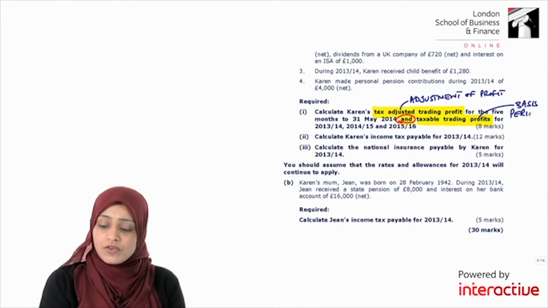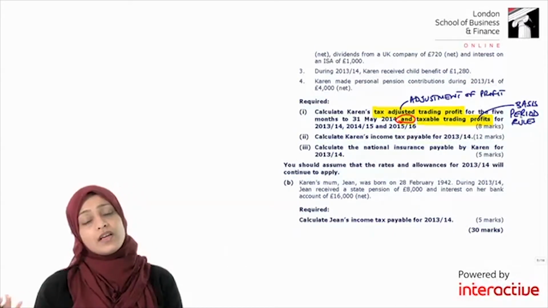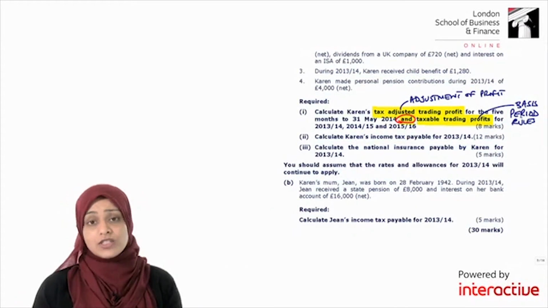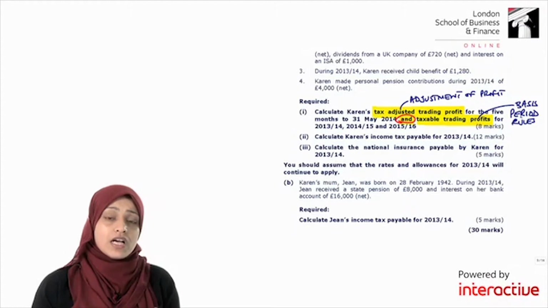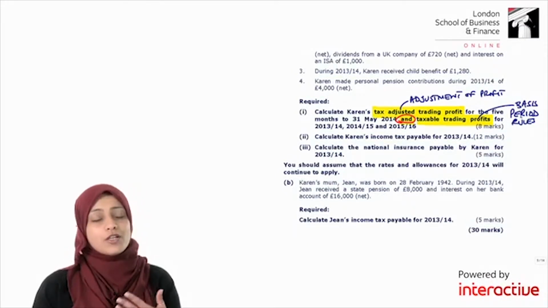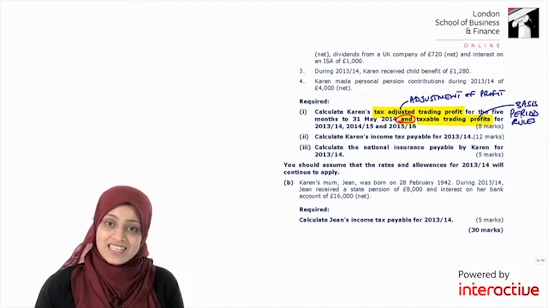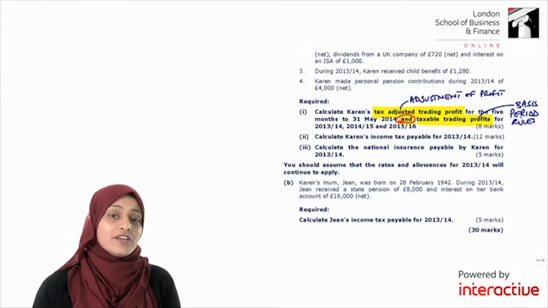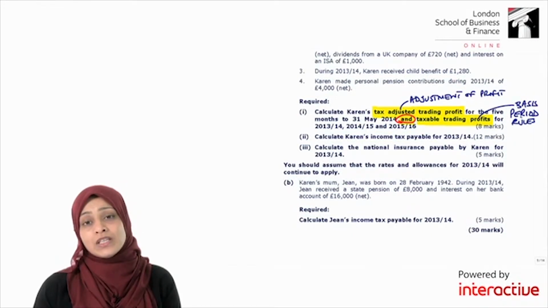The basis period rules are different based on where the business is in its life cycle. If the business is a startup, then we will apply the opening year rules.